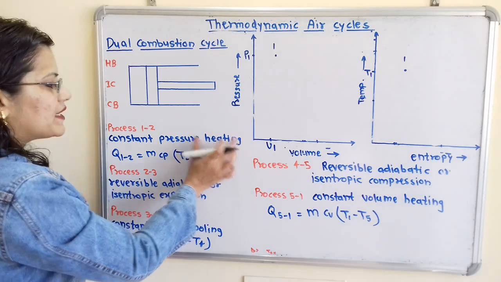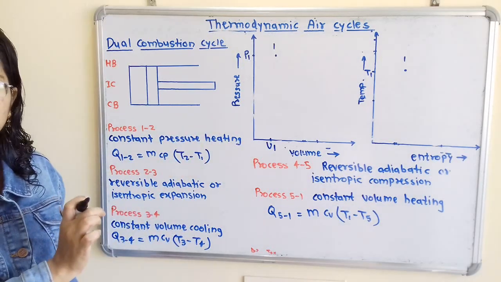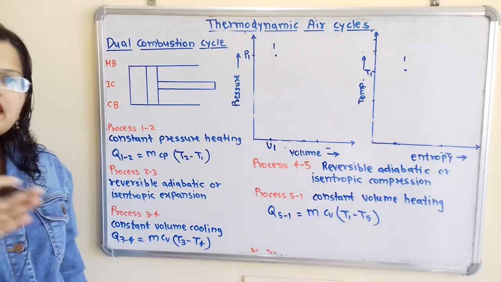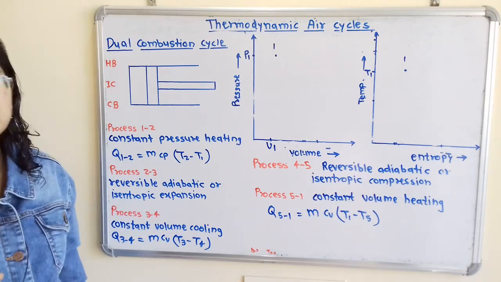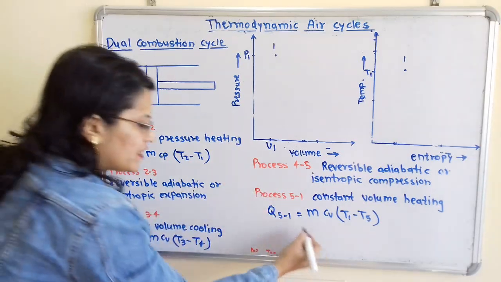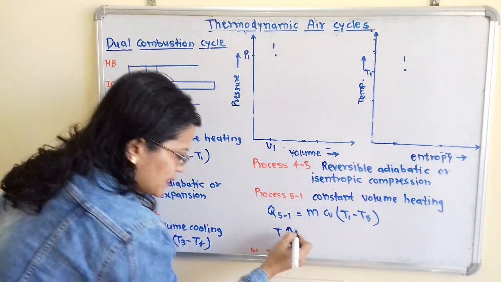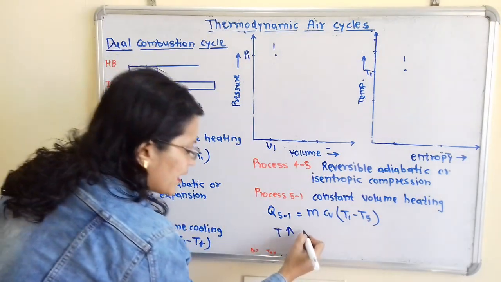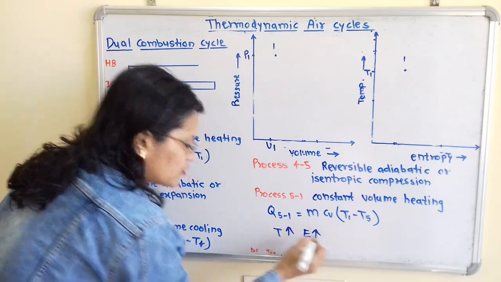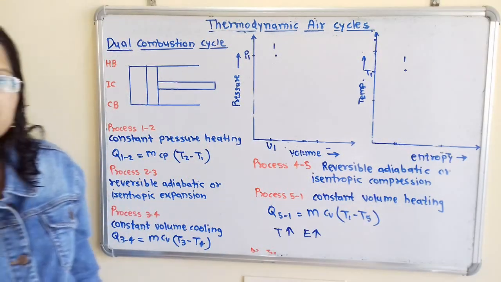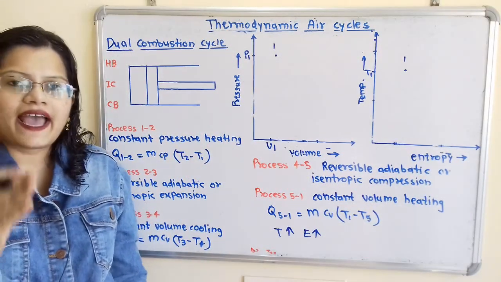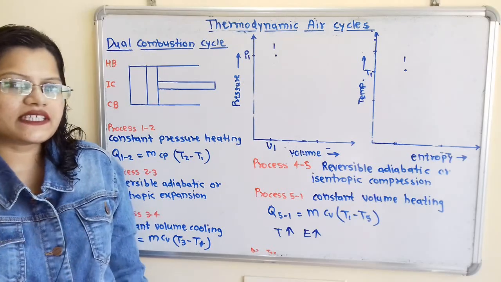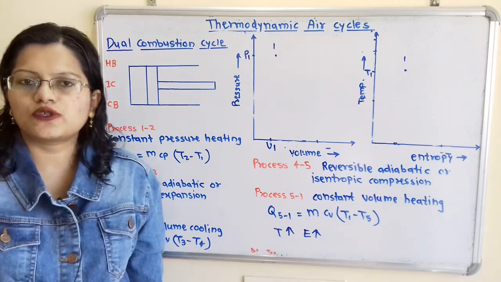So what is happening during the heating process? We know that during heating process, its temperature is getting increased. So I will show here increase in temperature. During heating process, entropy is also getting increased. We know that as temperature is increased, that means pressure is also getting increased.